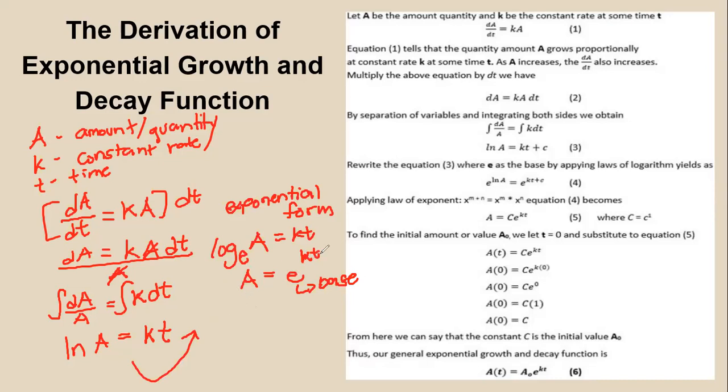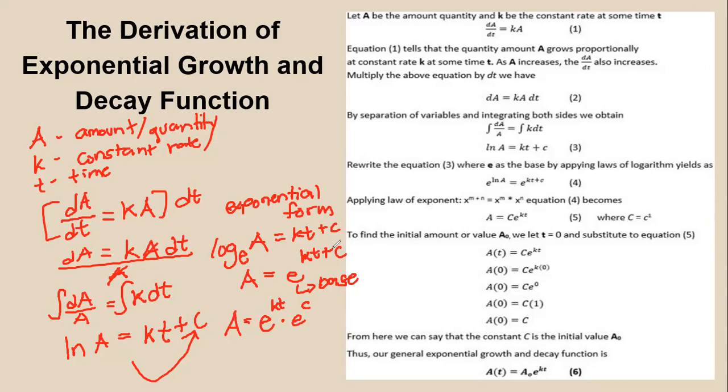So, itong e raised to kt, pwede pa nating lagyan yan. Okay? Oops, nakalimutan kong pag nag-integrate, meron tayong plus c. So, kt plus c. Alright? So, itong c na yan, at saka kt, pwedeng paghiwalayin natin yan. E raised to kt multiply to e raised to c. So, saan nanggaling yan? Sa rules of exponents.